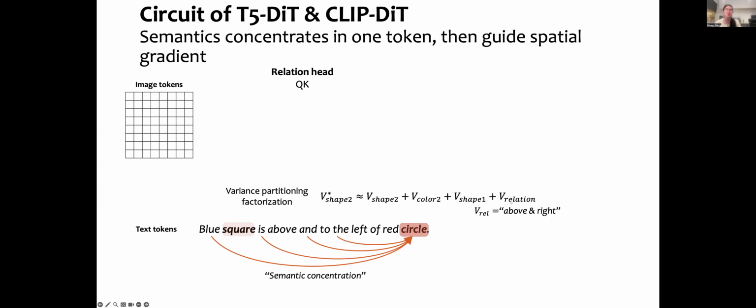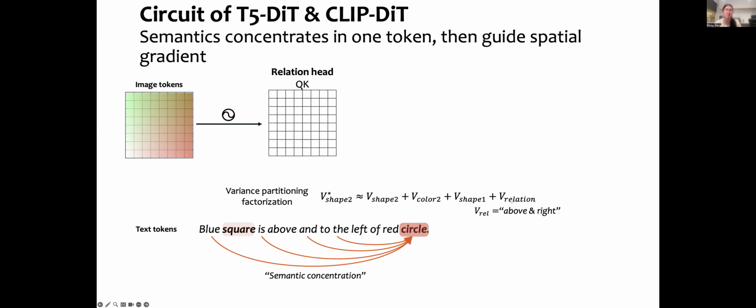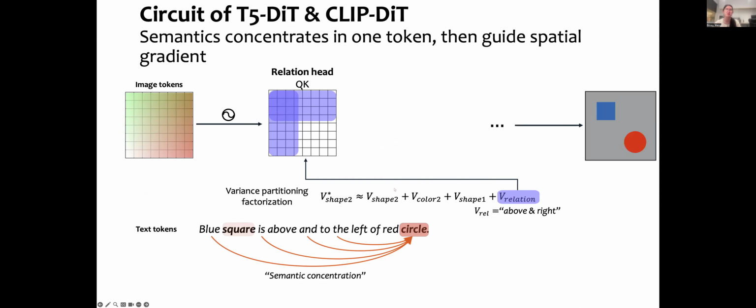We find, indeed, there are specialized relation heads which read the spatial position encoding and also the relation factor in this final word vector. And then this relation head will create the spatial gradient according to the meaning of this relation. And then using some downstream object head, it will create the final image.